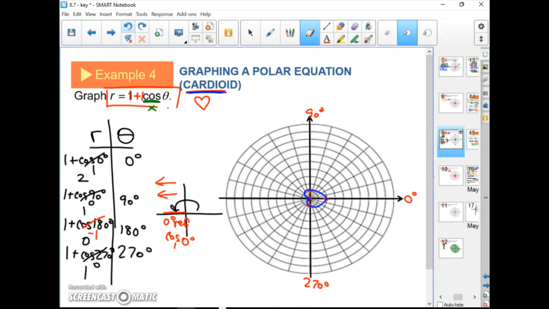Now, if you want to, you can change the scale. And let's say we go by 5s maybe. 1, 2, 3, 4, 5. Let's say every 5 is 1.